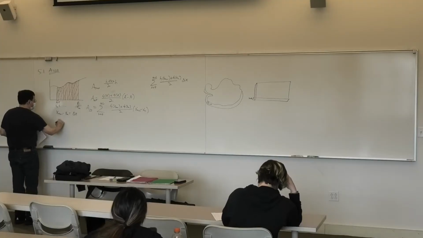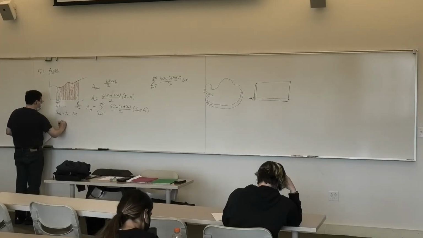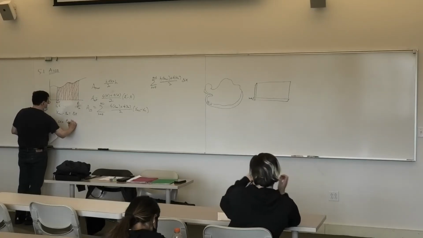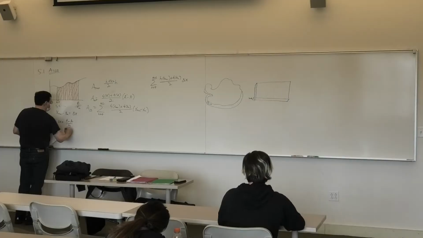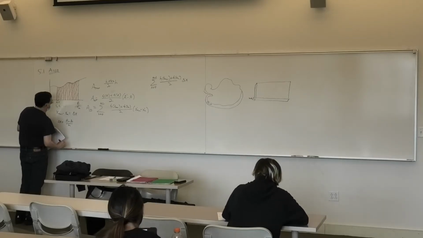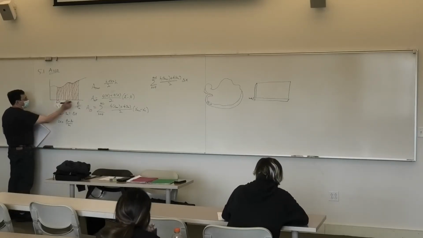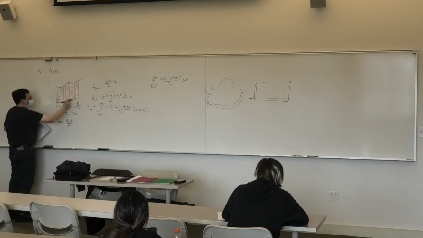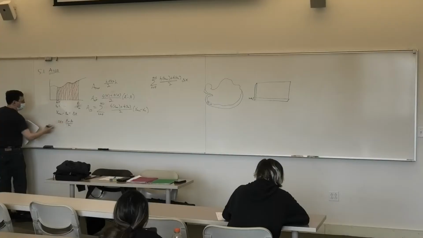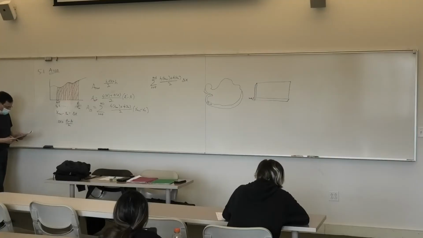We can say that delta x is b minus a over m. In other words, this distance divided by the number of slats is what delta x is.